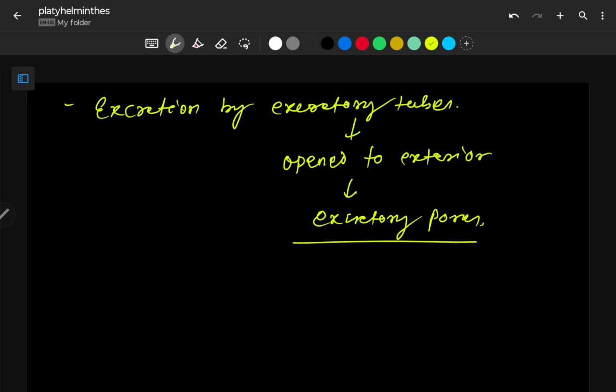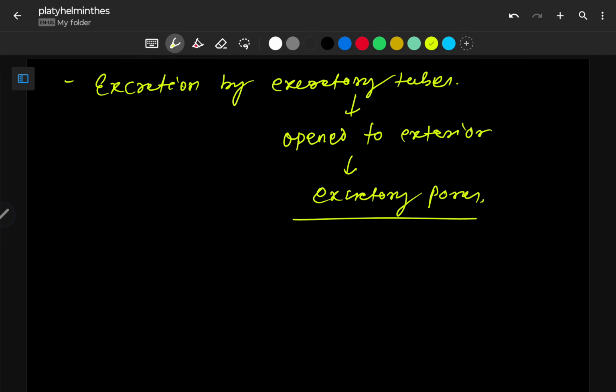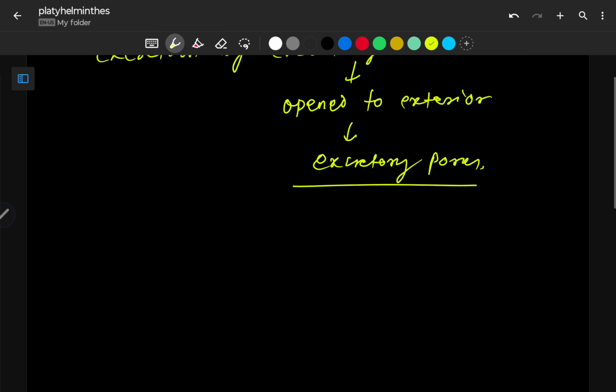So through excretory pores they are open to the exterior. How is the waste released out of the body? Through the excretory pore. It passes through the excretory tube, then through the excretory pore.